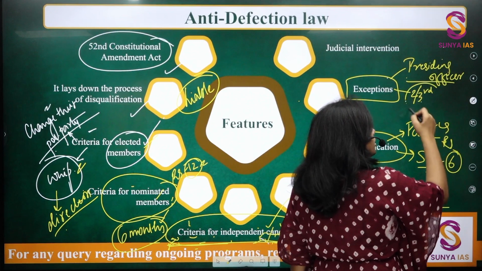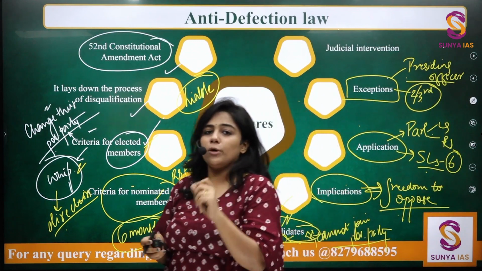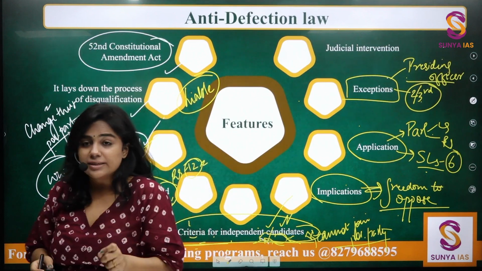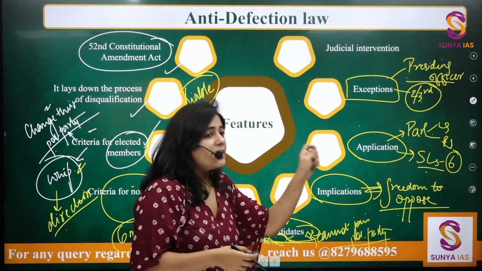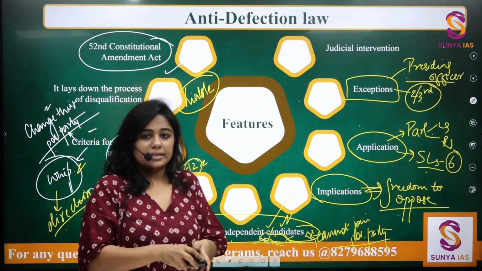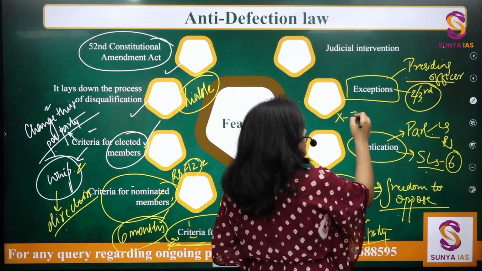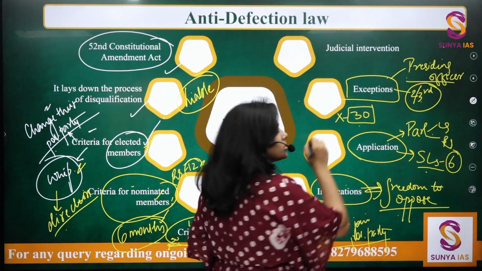If two-thirds of the elected members of the political party, please pay attention here, elected members, I'm not saying two-thirds of the entire political party. Let's say from a particular party X, 30 members have been elected in the Lok Sabha.